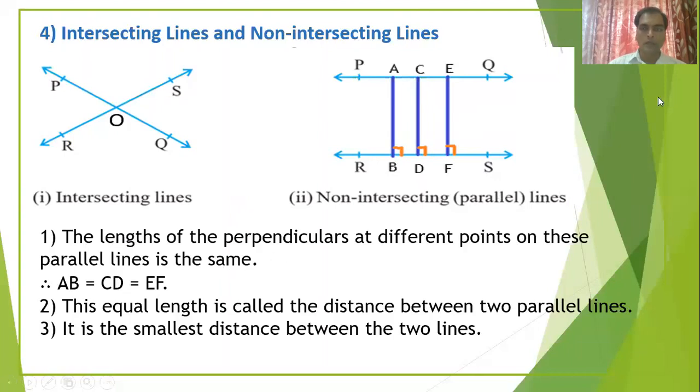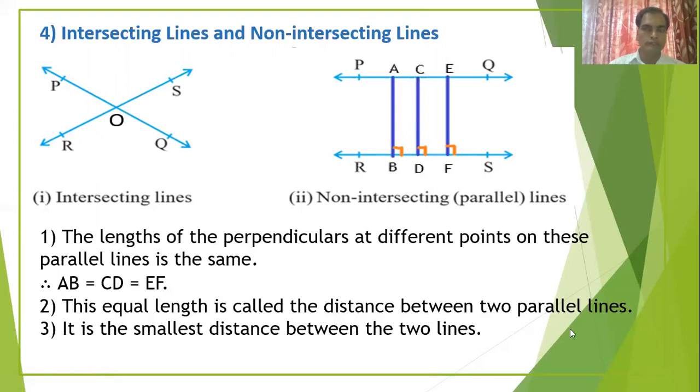If you see in the diagram, there are perpendiculars drawn at the different points B, D, F. The different perpendiculars are AB, CD and EF. So what the first point is saying is that the length of all these perpendiculars is the same, that is, AB is equal to CD is equal to EF.